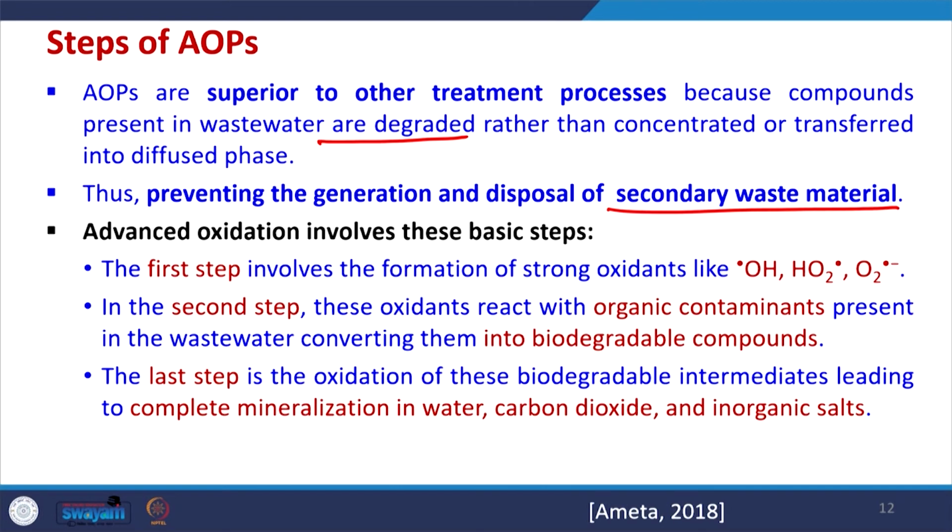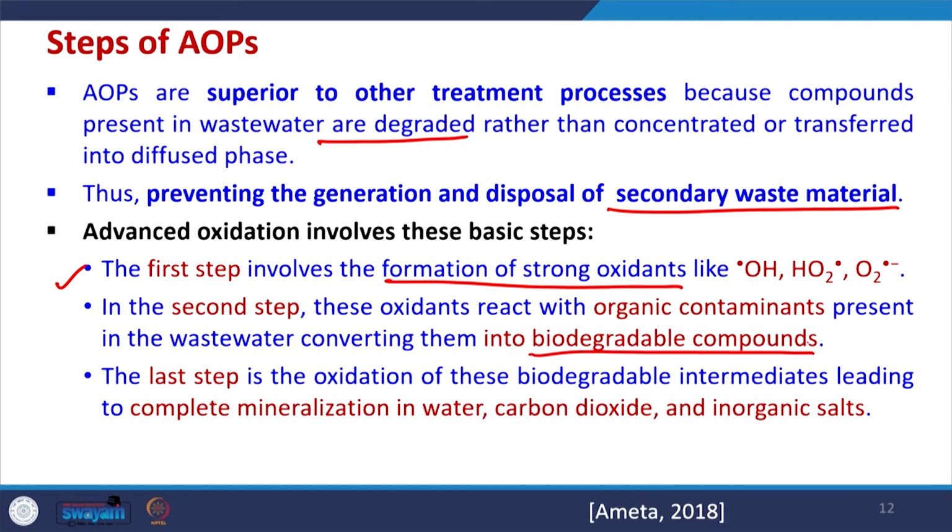Now, there are basically many steps involved in the advanced oxidation processes. The first step involves formation of strong oxidants like different reactive oxygen species: hydroxyl radical, peroxy radical, superoxide, etc. In the second step, these oxidants react with organic contaminants present in the wastewater and convert them into biodegradable compounds.